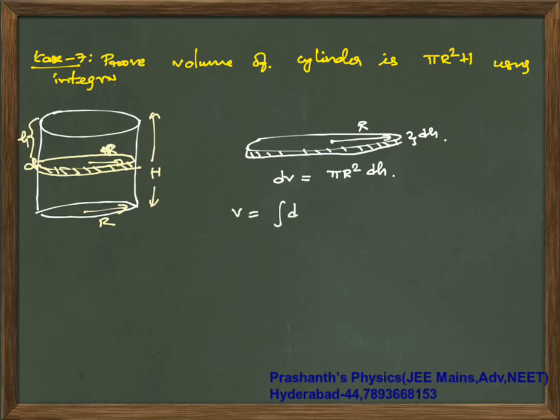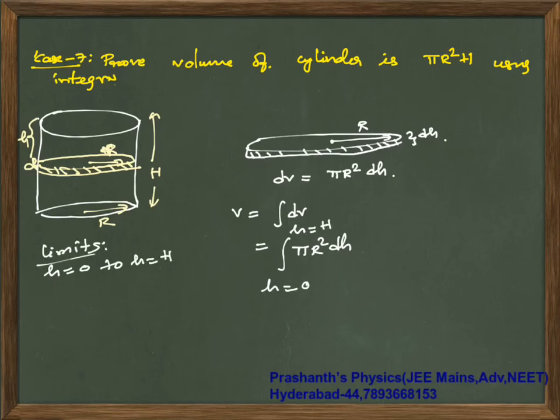So to get total volume, it is the integral of dV, that will give you the integral of pi r square into dh, from h equal to 0 to h equal to capital H. That means you are adding up small strips from h equal to 0 to h equal to capital H. So these are your limits. If you simplify, it will give you pi r square times the integral of dh, which is h from 0 to capital H. So that will give you pi r square times capital H.